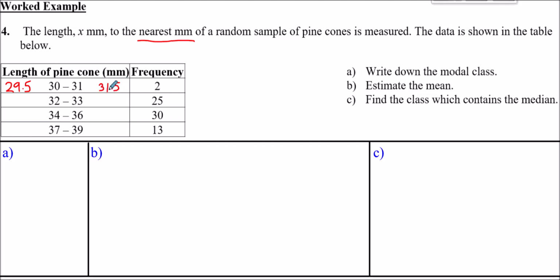Anything up to but not including 31.5 goes in here, anything 31.5 or over goes in this next one. Where this one ends is where this one would begin. Between 33 and 34, that's going to be 33.5. Between 36 and 37, that cutoff's 36.5.